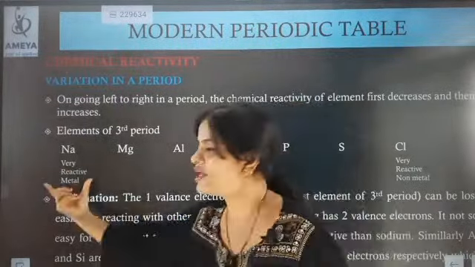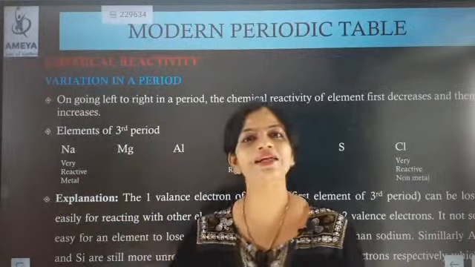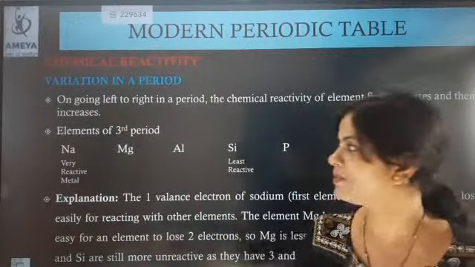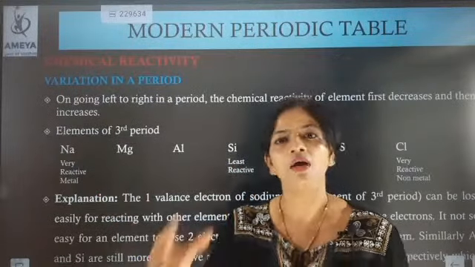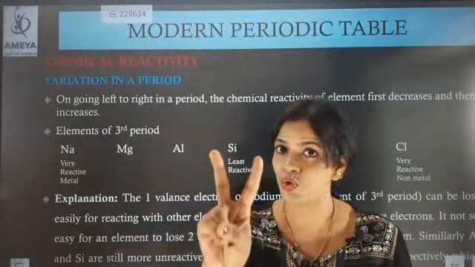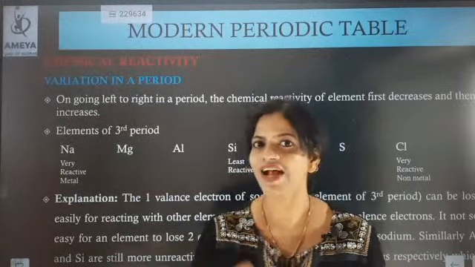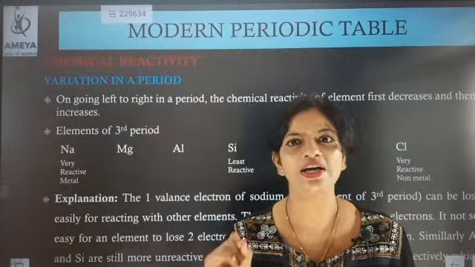Okay, so sodium is most reactive because it can release an electron easily. But releasing an electron from the magnesium side is quite difficult, because magnesium has to release 2 electrons. So that story I told yesterday is going to be the reason behind it, that is effective nuclear charge.